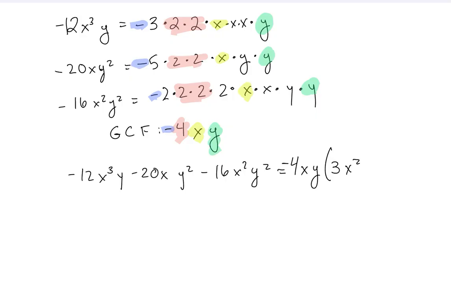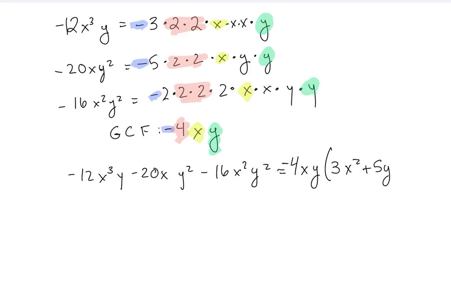Then negative 20 divided by negative 4 is positive 5. And then x divided by x is simply 1, so the x just turns into multiplying 5 by 1, which is just itself. And then y squared divided by y is simply going to be y.